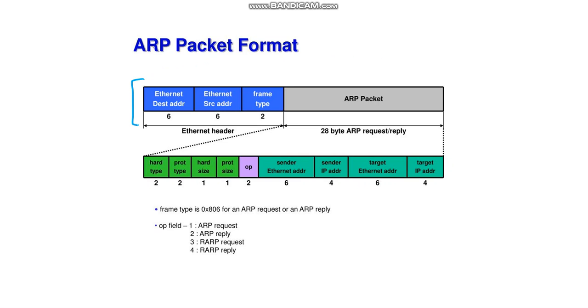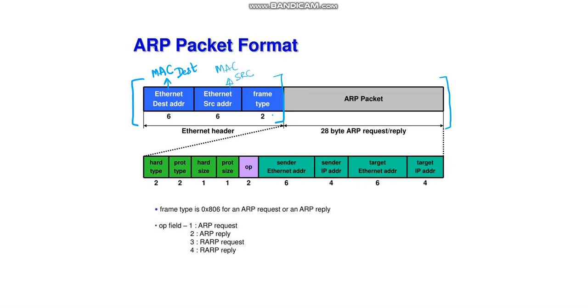Now you can see this is one packet which includes the ETH destination address. ETH destination address is nothing but the MAC destination. ETH source address is nothing but the MAC source.